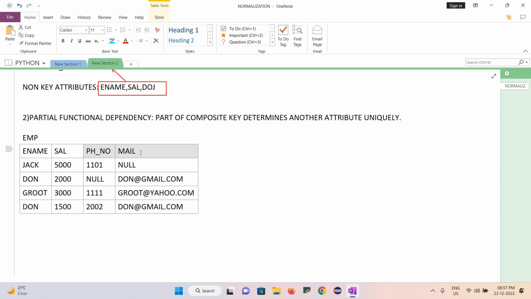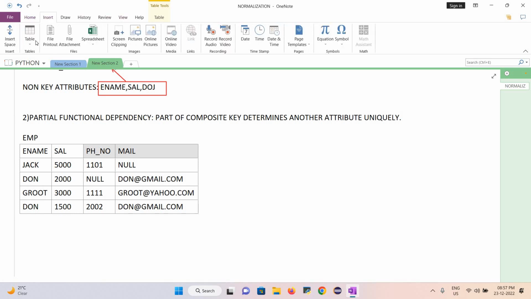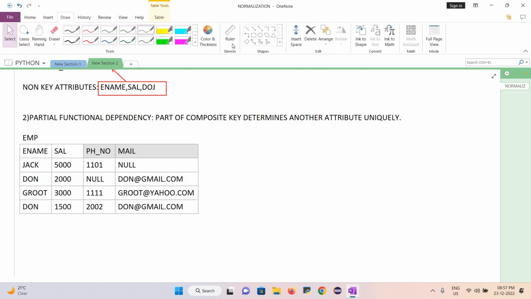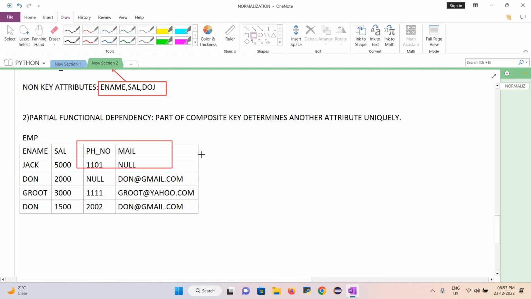So instead I would say this is my composite key. What does composite key say? More than one non-key attribute represents the data uniquely from the table.